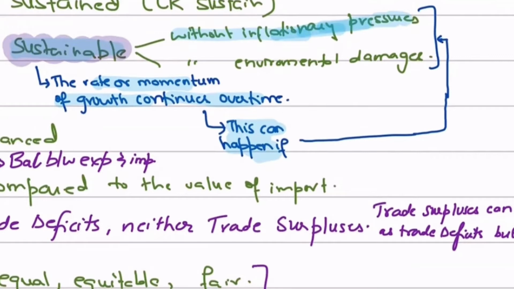Remember that. So if you're having economic growth, but at the same time you're having significant inflationary pressures, that's not sustainable for you in the long run. So we want an economic growth rate that is sustainable in the long run, which means that it is without significant inflationary pressures and without excessive environmental damages as well, right?